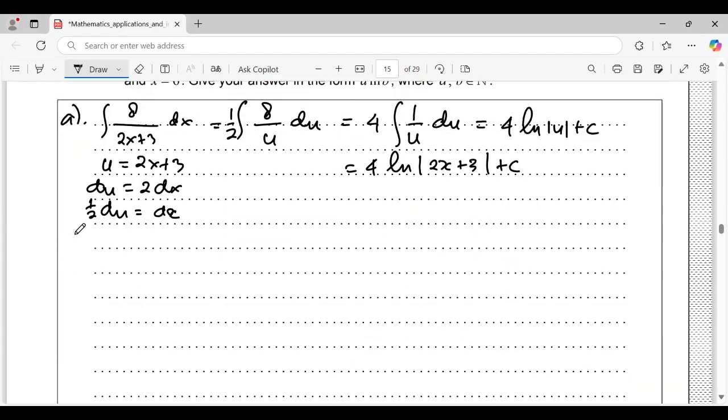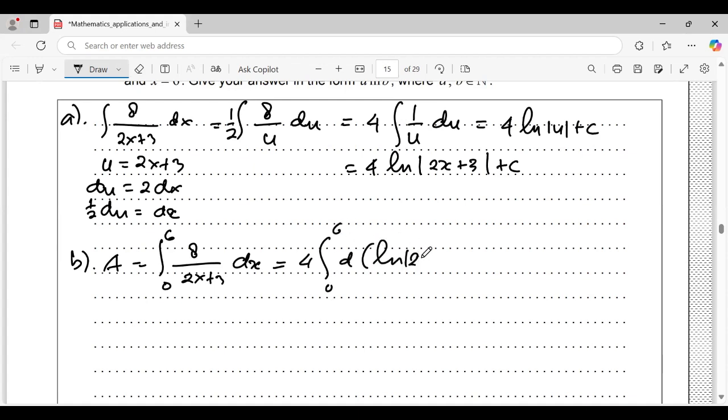Next, part B. The area equals the integral from 0 to 6 of 8 over 2x plus 3 dx, or it is 4 times the integral from 0 to 6. The integral is ln of 2x plus 3.